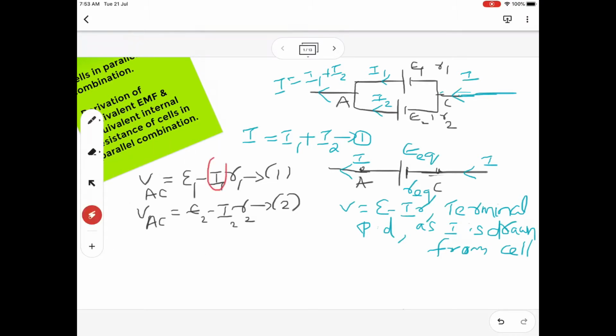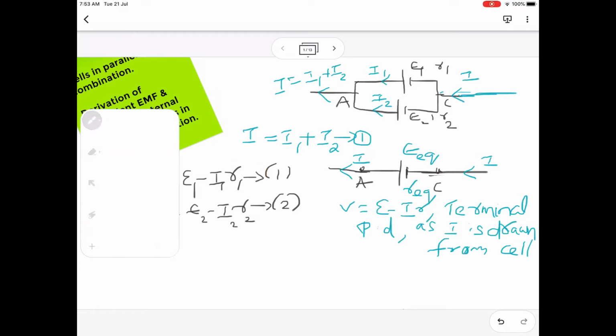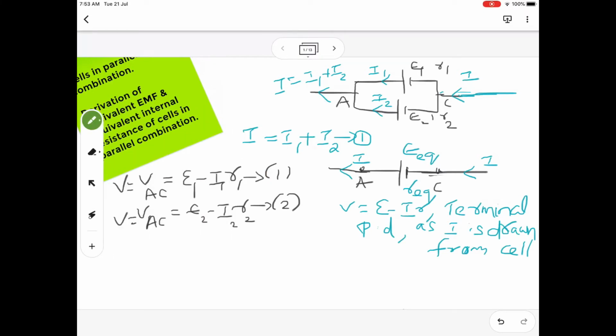That's why V_AC is V, namely terminal potential difference. For convenience, V_AC is written by the symbol V. So equations 1 and 2 are V equals E1 minus I1R1 and V equals E2 minus I2R2.